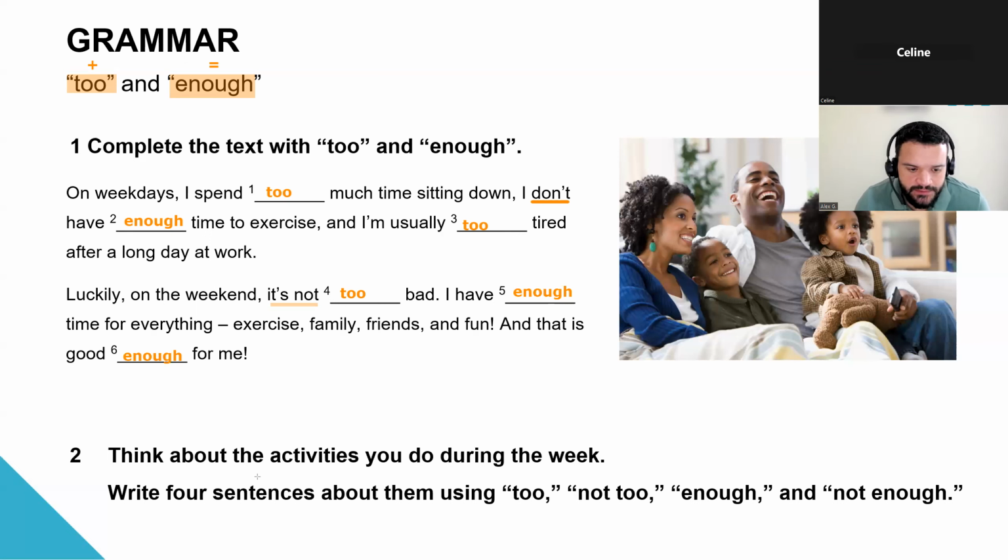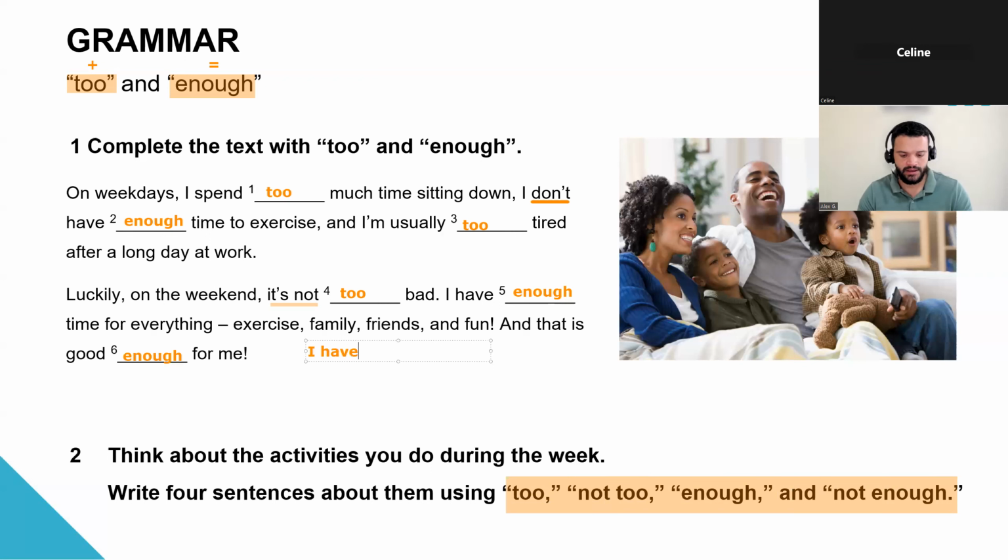So let's see if we can come up with a few examples of using too, not too, enough, and not enough. So my example is I have too many things to do today, right?